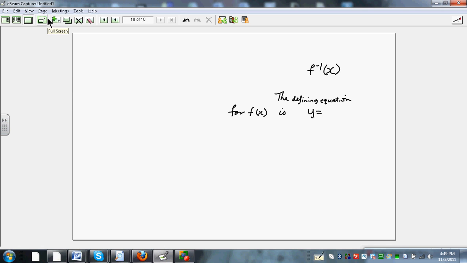In this case, it's 4x minus 3. If you're in a rush, you could say let y equal to 4x minus 3, but this is the perfect way to do it. The defining equation for f of x is y equal to 4x minus 3.